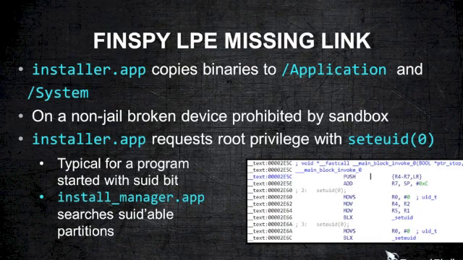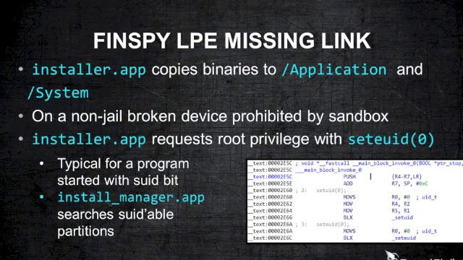So you can see that the program itself, the installer app, expects to behave like a SUID-able binary. And then also the install manager tries to find directories that contain SUID-able binaries. So everything looks like the installer app should be SUID-positive normally, but by default, of course, it cannot be, because you're not running as a super user on a non-jailbroken device normally.